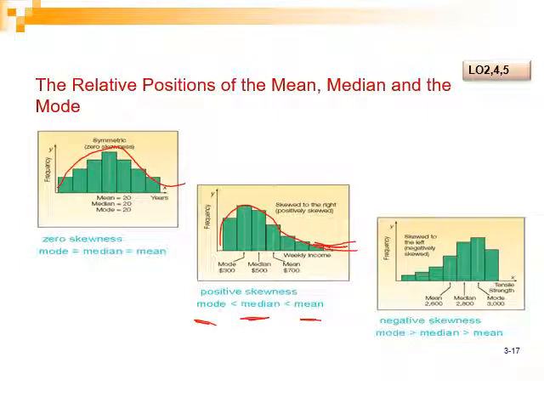But if the median is always in the middle and the mode is greater than the median, and the mean in this case is less than the median, we have a left skew. A left skew means that more data are on the right, and the tail is to the left. So this is the relative position of the mean, median, and mode.